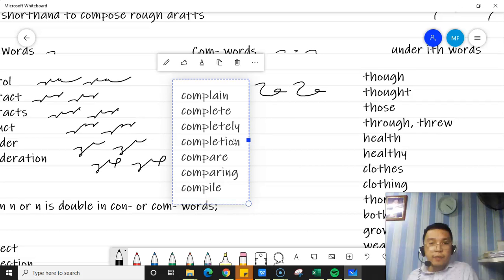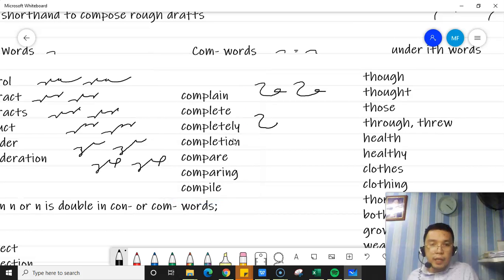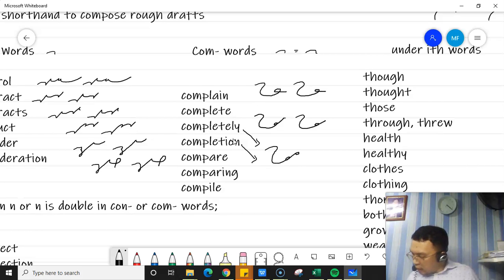Class, so we have the P-L-E-T, complete. Oh, completely. Let me have an arrow, class. P-L-E-T, then put the word ending ly to make it completely. How about the word compare?